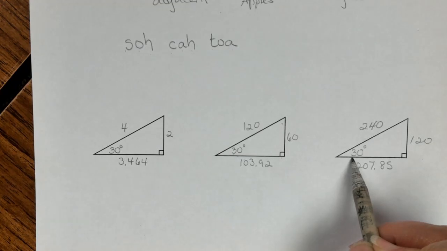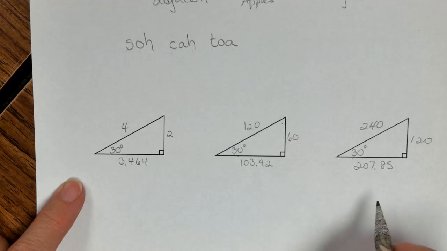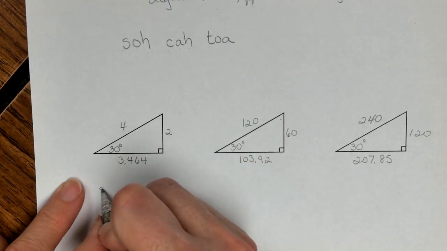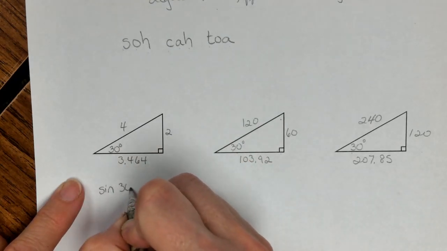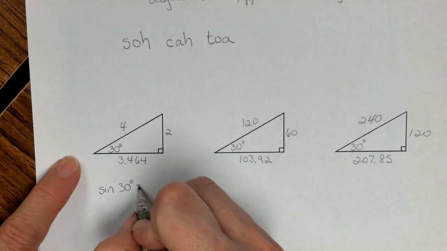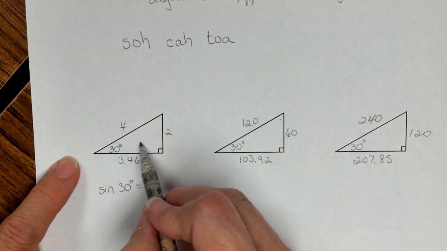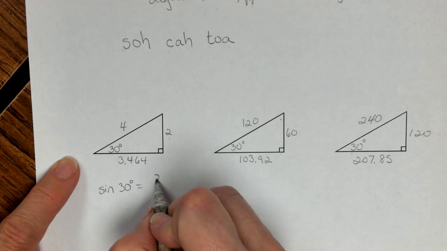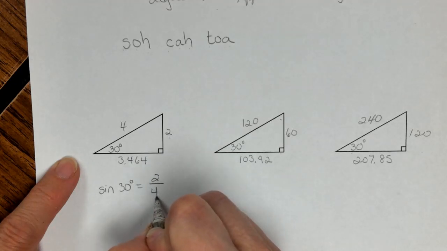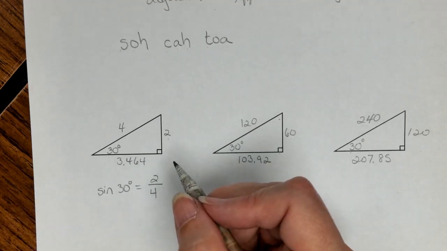So for instance, we're going to look at the sine of 30 degrees here for all three of these. The sine of 30 degrees, looking at this triangle, sine is opposite over hypotenuse, opposite the 30-degree angle, and this one is a 2. The hypotenuse is 4, so that reduces to 1/2.